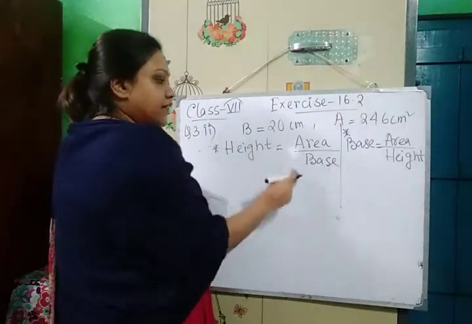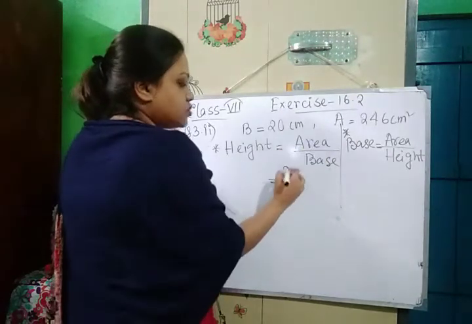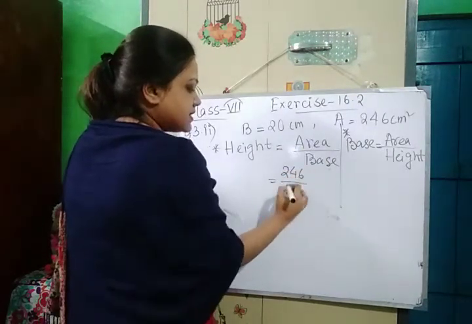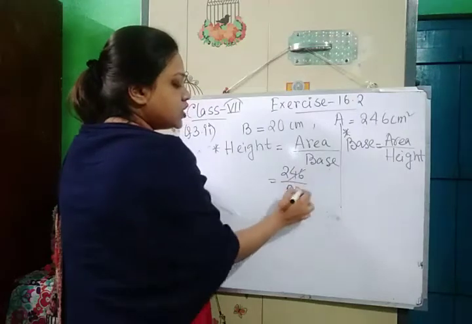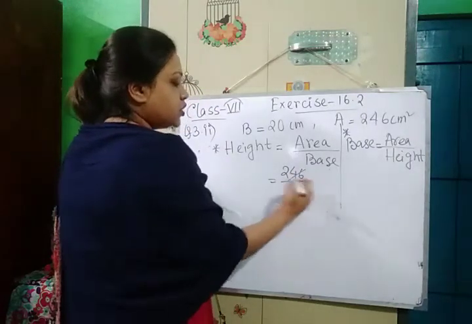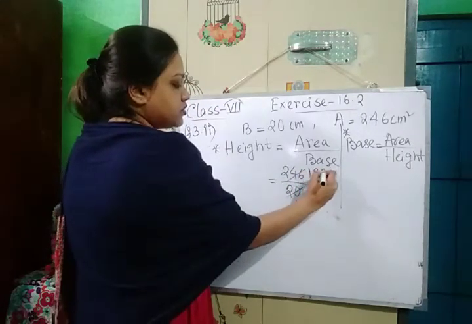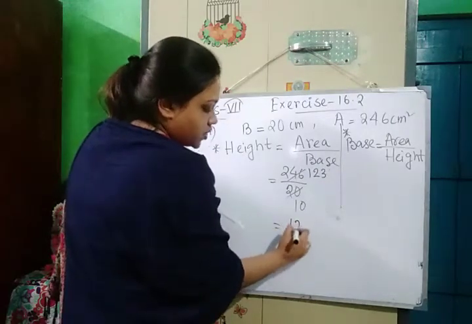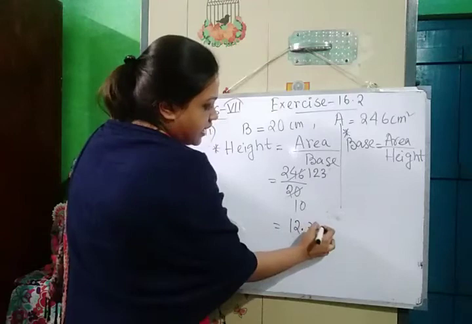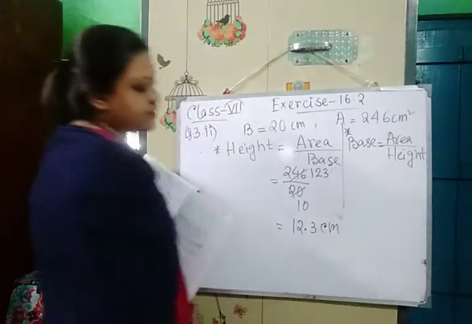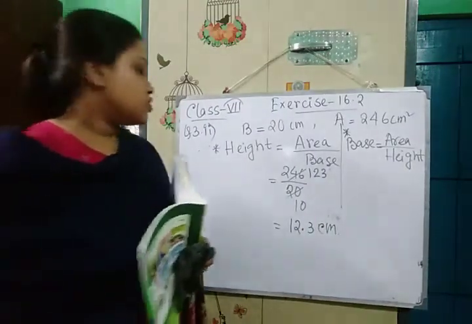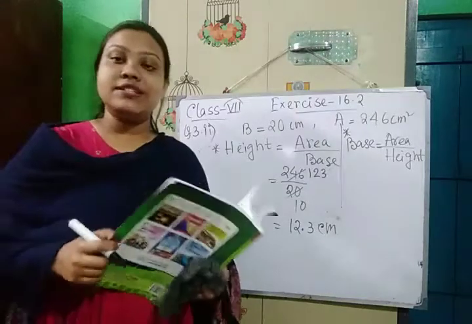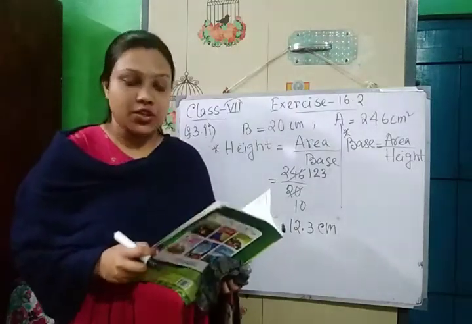Area is 246 and base is 20. So do the cancellation now. 123 divided by 10 is 12.3 and the unit will be centimeter as we are finding out the height. So 12.3 centimeter is the height of the parallelogram.